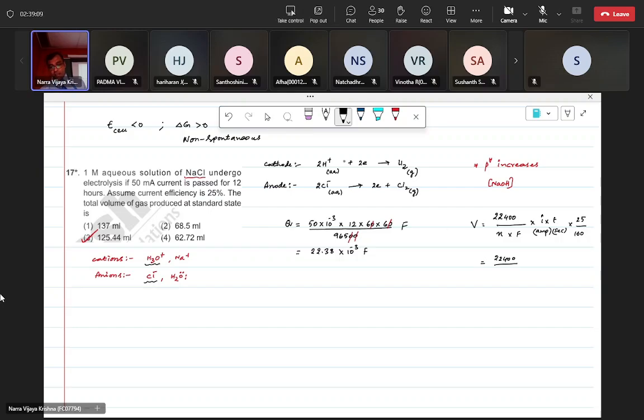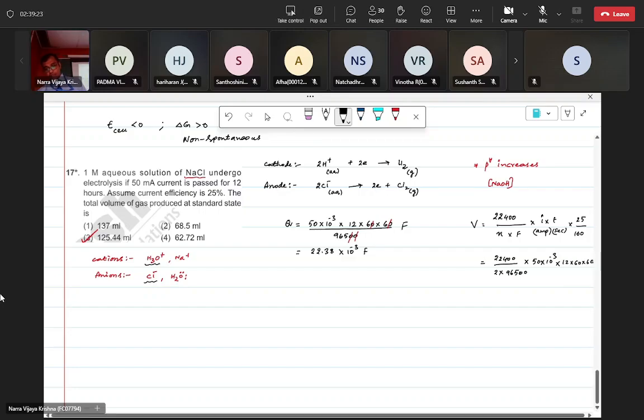22400, what is n factor? 2 Faraday, 96,500, into I value 50 into 10 power minus 3, into T 12 into 60 into 60. This total thing into 25 by 100.